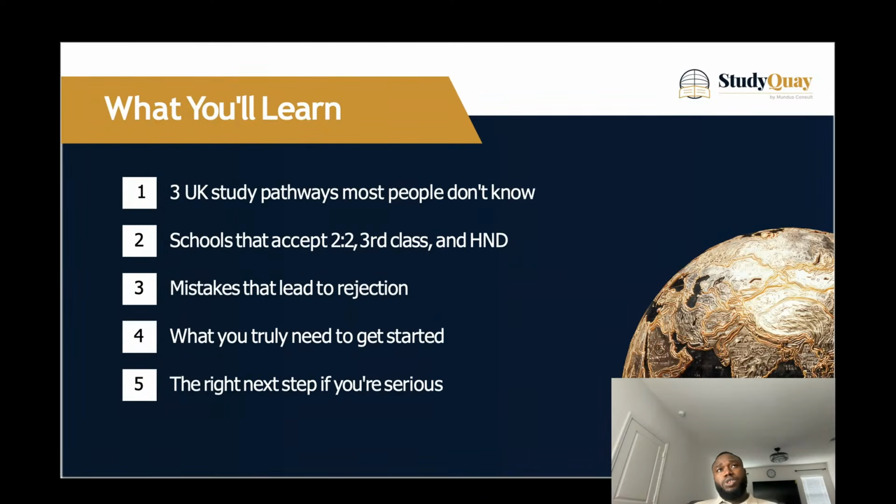I'll also share some of the schools that accept 2:2, third class, and HND degrees. We'll also look at some of the mistakes that lead to rejection, and what you truly need to get started with your UK study abroad plans, and the right steps for those who are serious about proceeding.